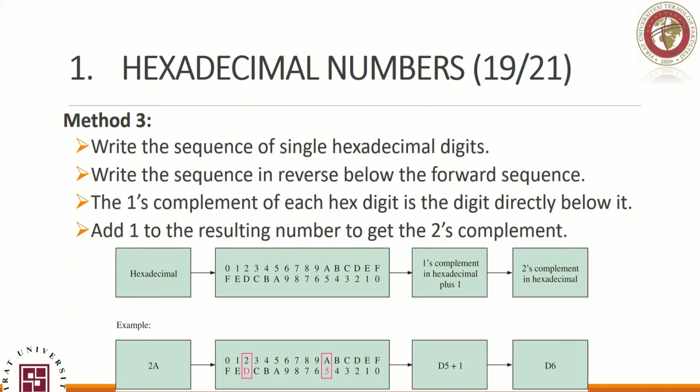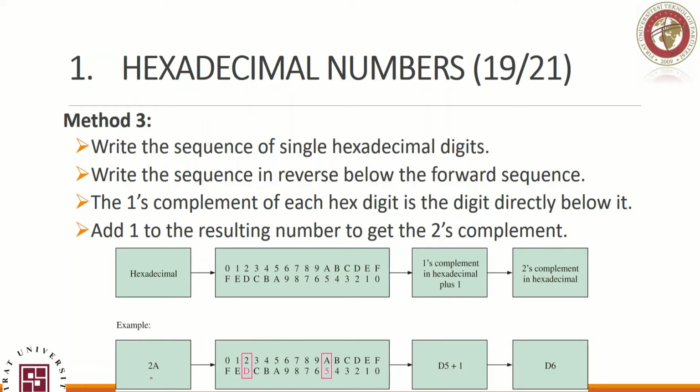Then what? In order for us to get the 1's complement, F is the 1's complement of 0, E is the 1's complement of 1, or 1 is the 1's complement of E in hexadecimal, and so on. So these two, like this, are the 1's complement of each other.